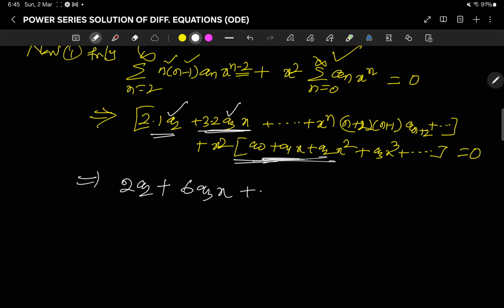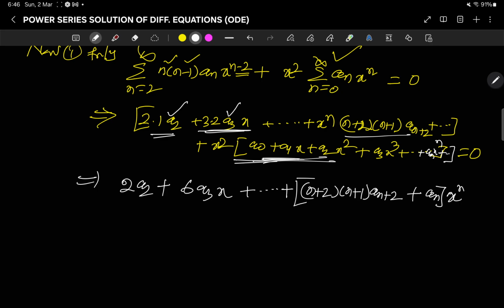Okay, so if I continue like this, it will be n plus 2 into n plus 1 an plus 2, plus here it will be an x to the power n, an whole into x to the power n, is equal to 0.